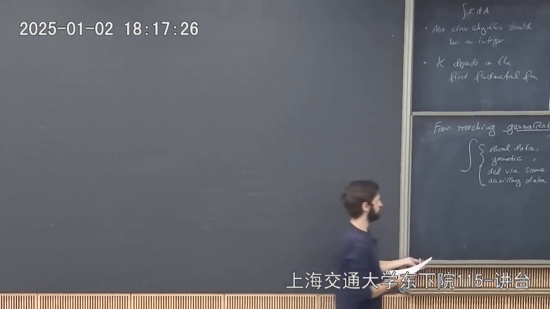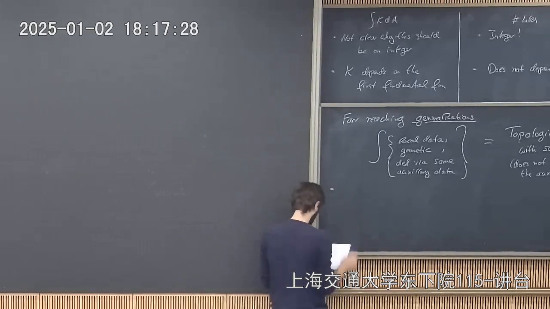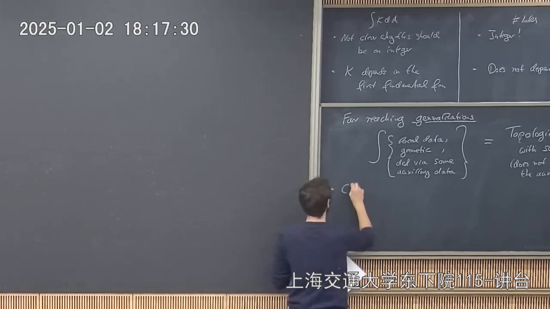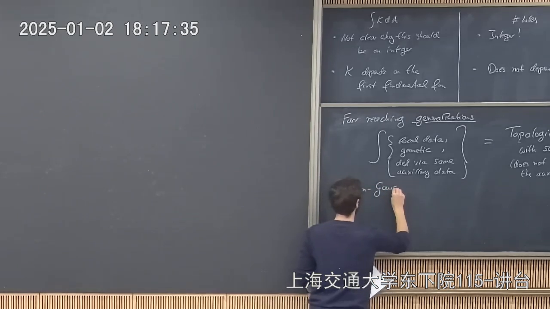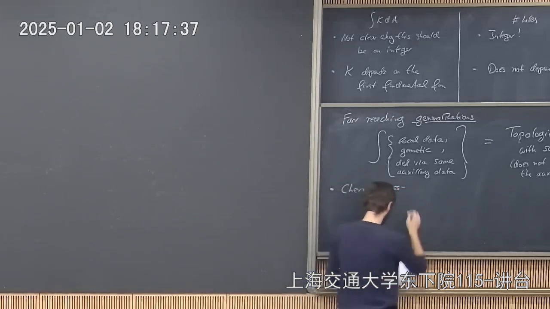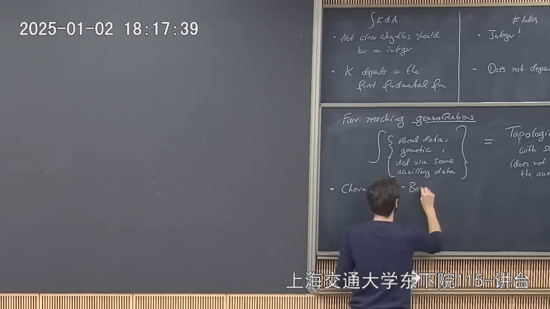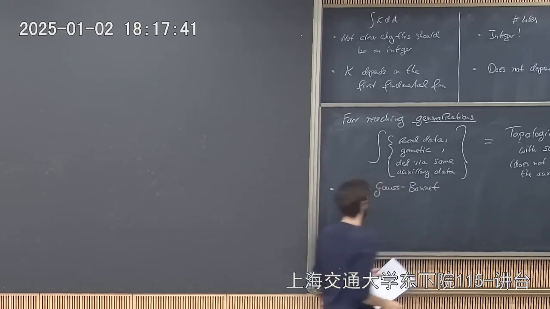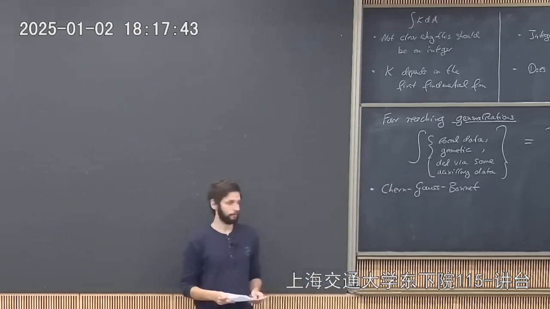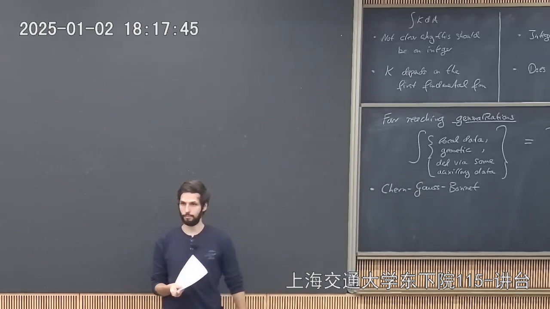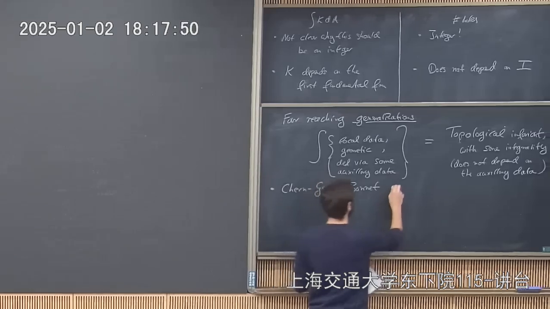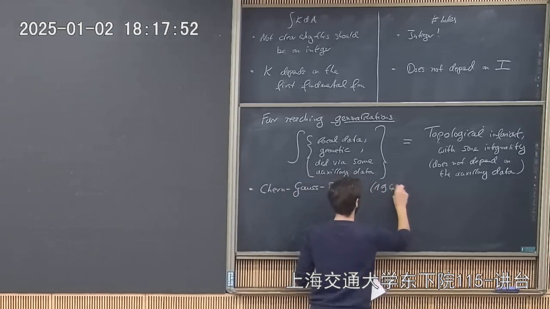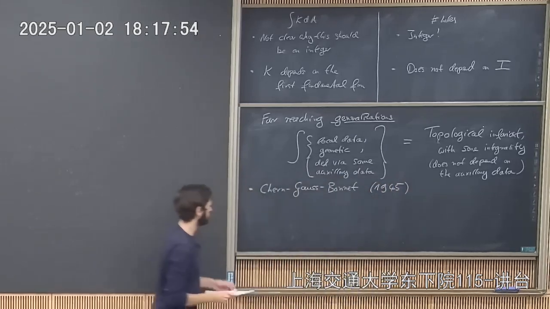I want to mention two of them. The first is the Chern-Gauss-Bonnet theorem. Mr. Chern was a Chinese mathematician. It's around 1945, so it's still quite old.